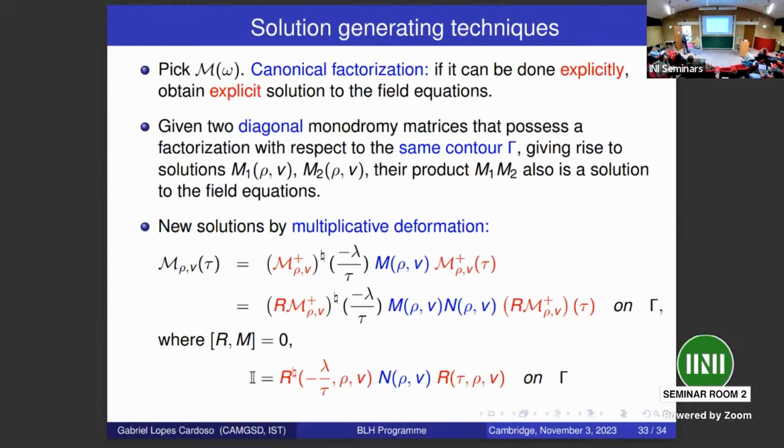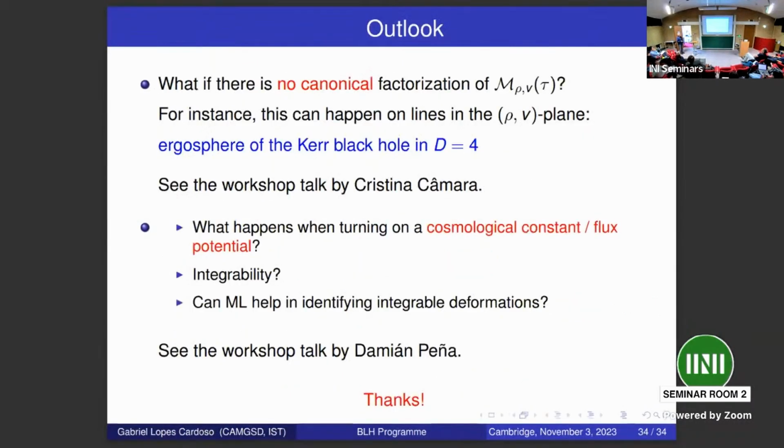At that stage, you can ask a question. Okay, so all of this somehow depends on having a canonical factorization. What happens if there is no canonical factorization? Now, this can happen, and this will be the subject of the workshop talk by Kshina Kamera.